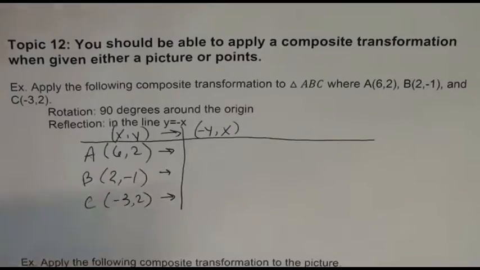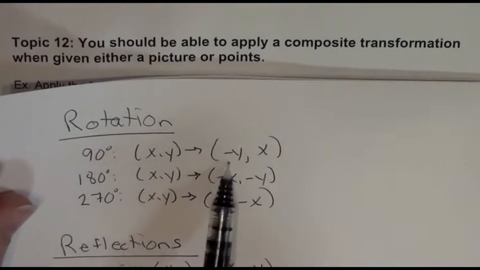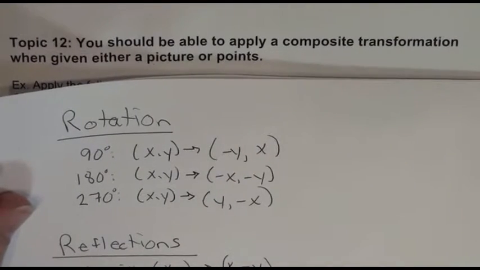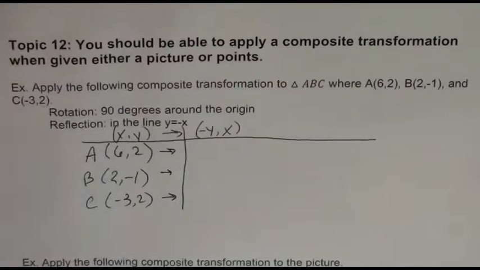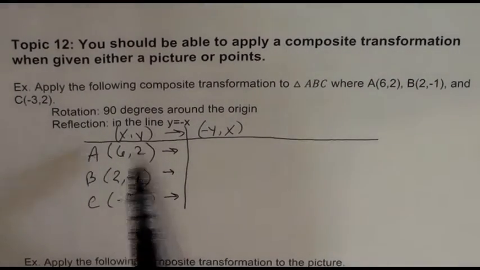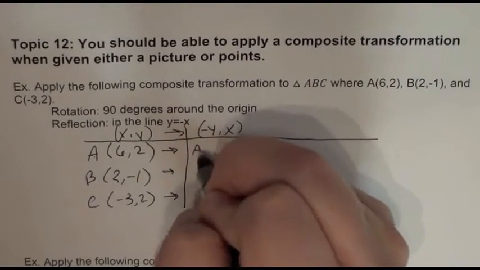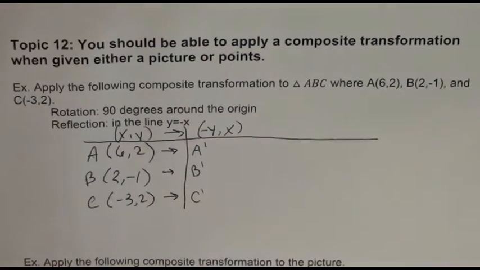That rule is coming directly off of this sheet here. So the x and the y switch spots, but then the y also changes signs. So when we apply the rotation, the point A becomes the point A prime, B becomes B prime, C becomes C prime.